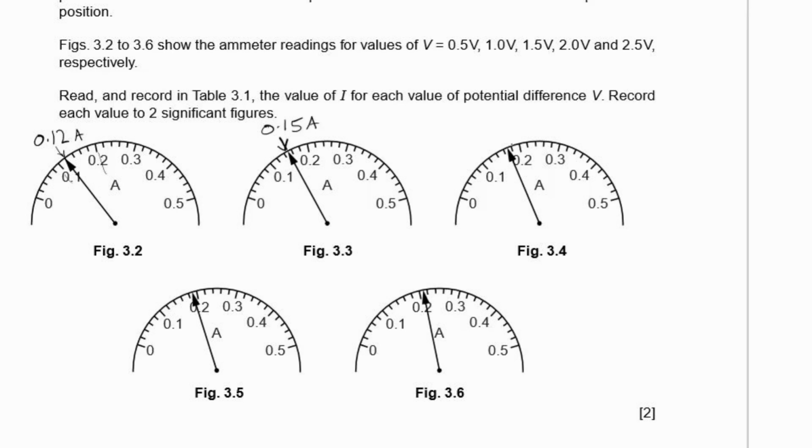It's right in between point 1 and point 2. This one here, 0.17. Here we go, this one, 0.19 amps. And finally, 0.21 amps. There we go, let's fill out our table.